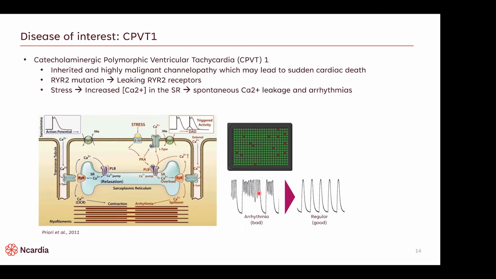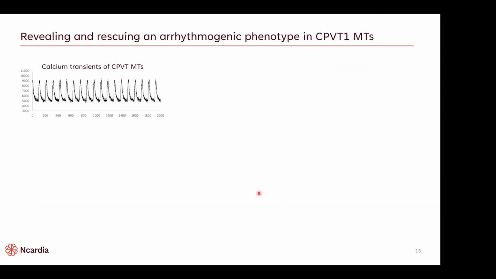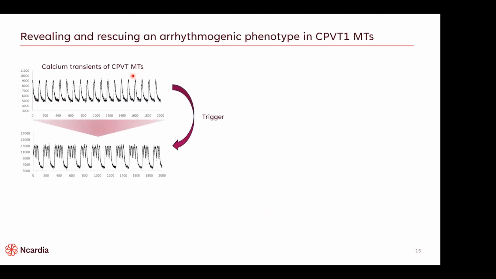So we were wondering if it is possible to model this in our microtissues. Here we see calcium transients of microtissues that are made with a CPVT cardiomyocyte line. And upon triggering, we indeed see this very heavy arrhythmic behavior of these microtissues that we didn't see in any control or wild type line.